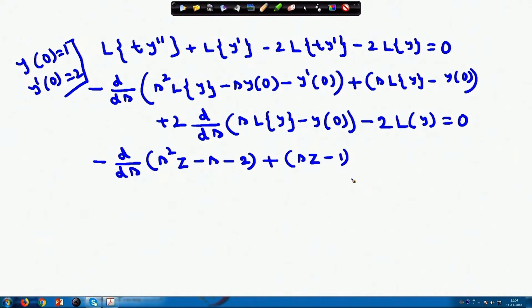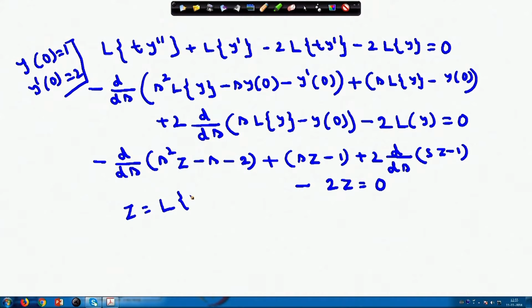I am not explaining this because you can find out very easily, plus 2 into d d s of (s z minus 1) minus twice z equals 0. So, please note here again, like earlier one, I have assumed that z equals Laplace transform of y. I am putting Laplace transform of y as z in the given equation.